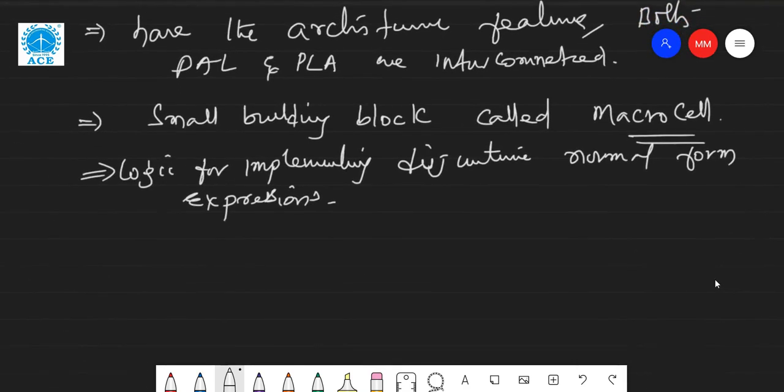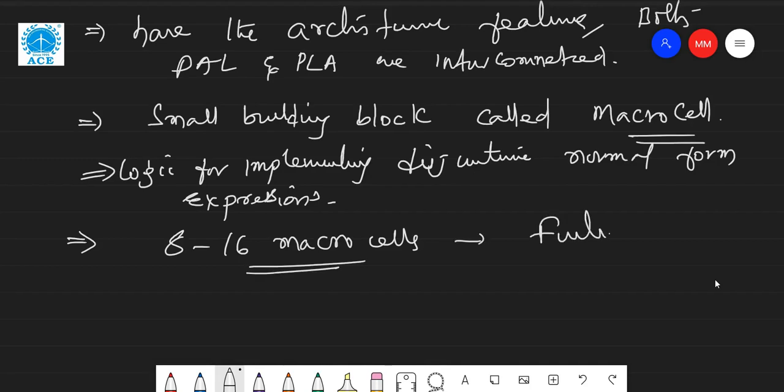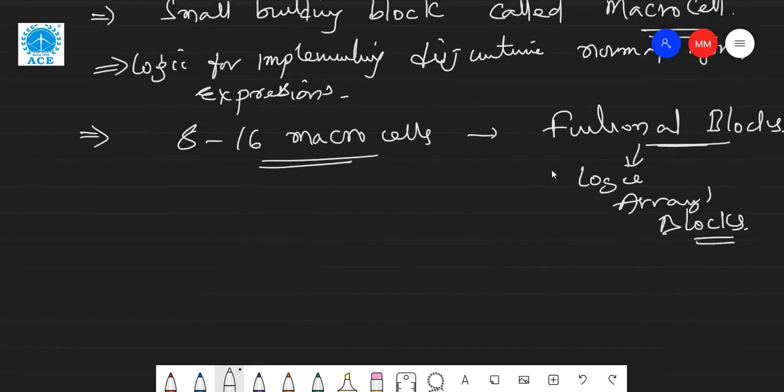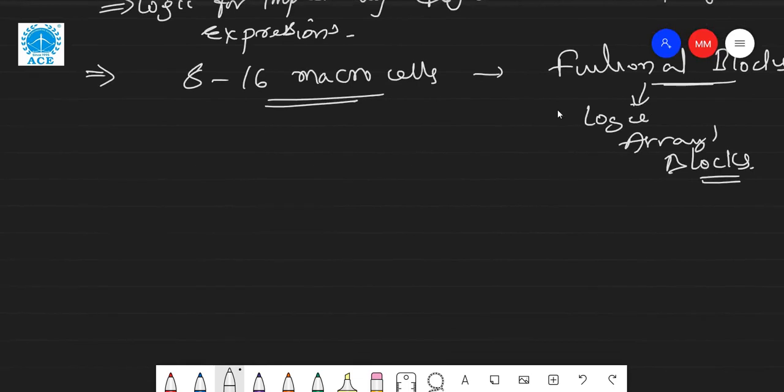And also, macro cells together are generally 8 to 16 macro cells. Anyway, the block diagram we will discuss, and these macro cells constitute functional blocks, or generally it is also called logic array blocks. Right. Let us see the basic architecture of the CPLD.